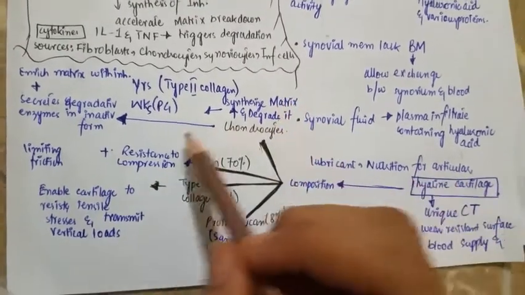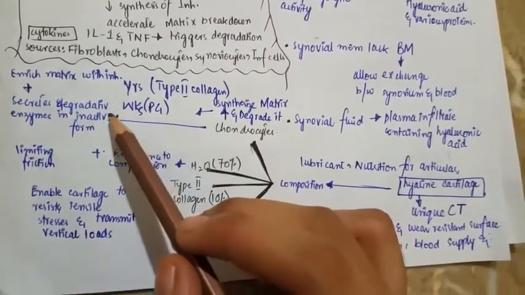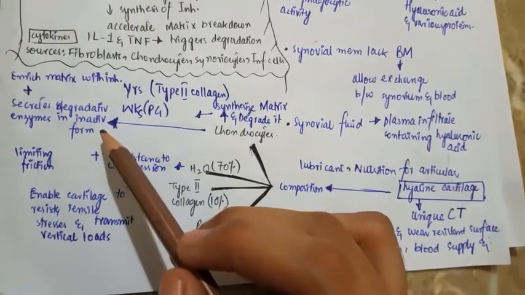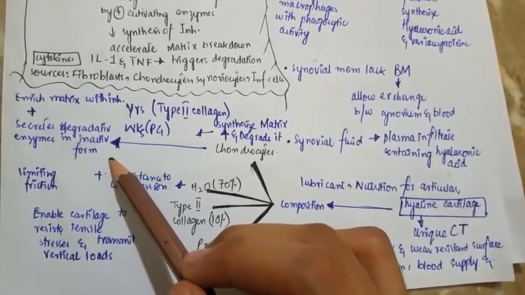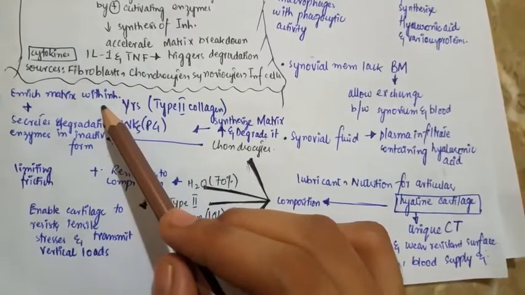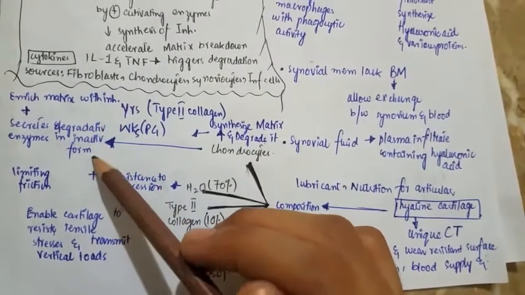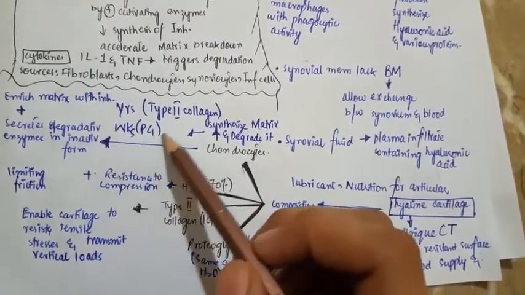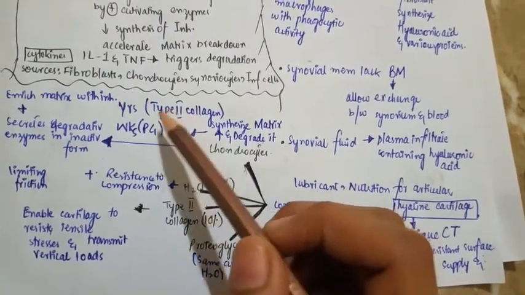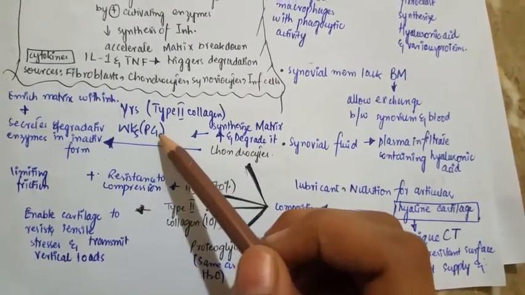They secrete the degradative enzymes in the inactive form and enrich the matrix with inhibitors. They also synthesize type 2 collagen and proteoglycans.